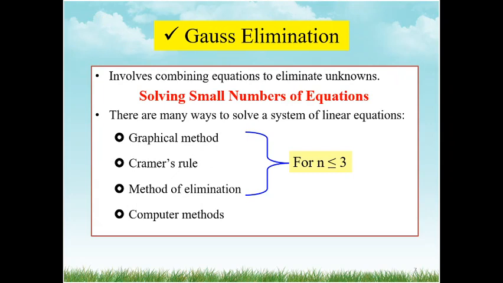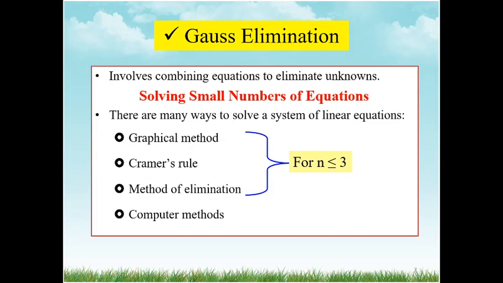So this is the first method, which falls under Gauss elimination. As I told you earlier, this method is able to solve at most three simultaneous equations. So we cannot use this method to solve a number of equations more than three.